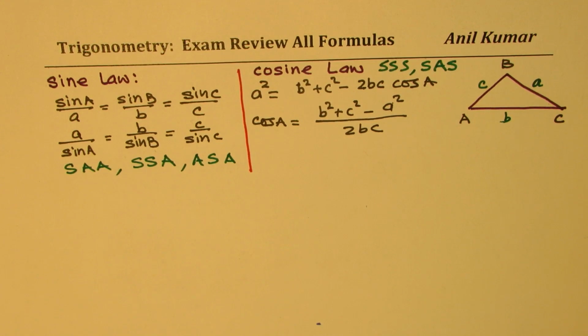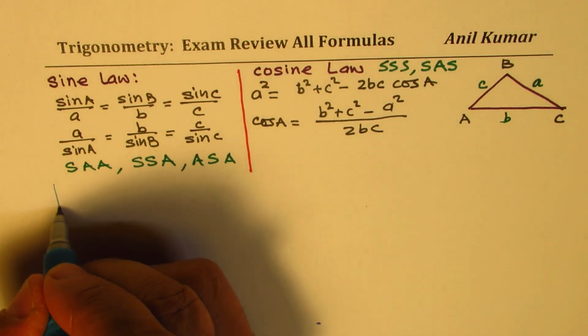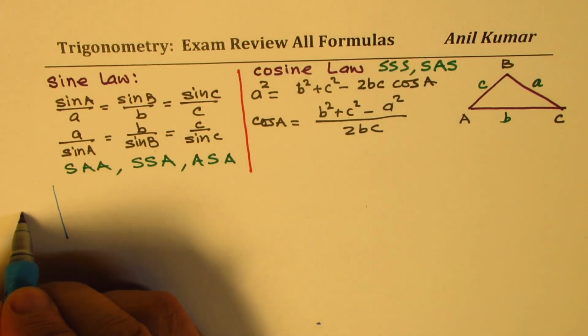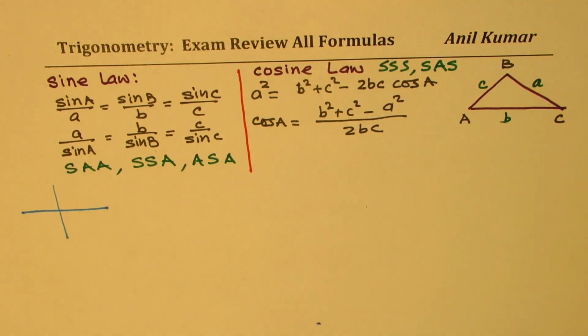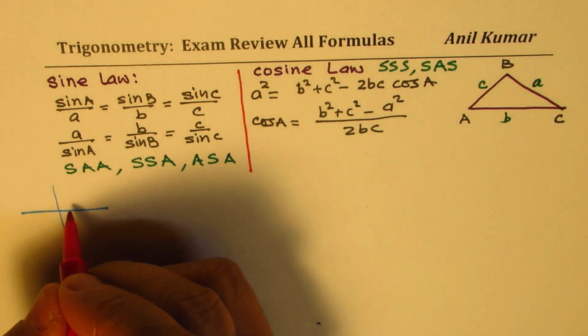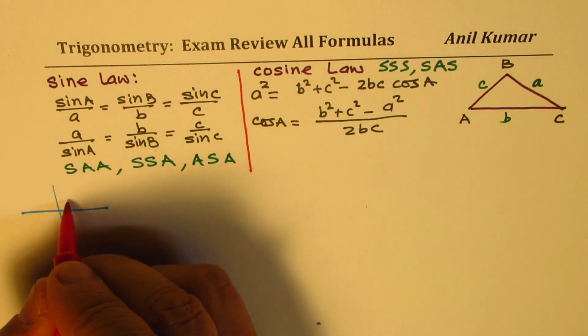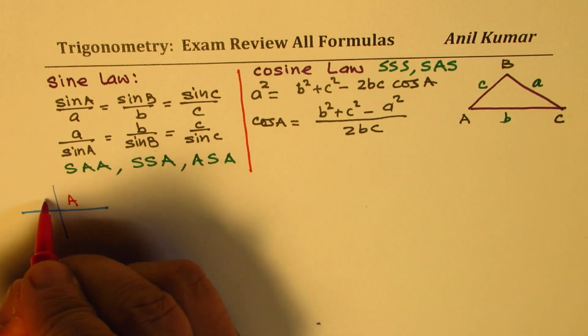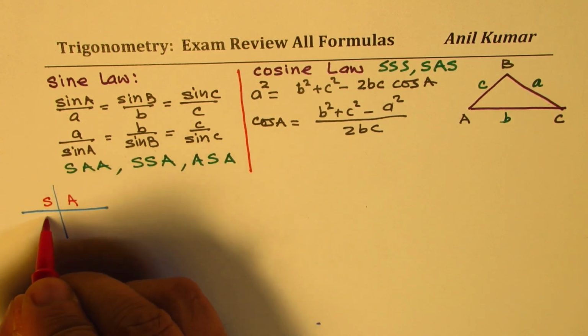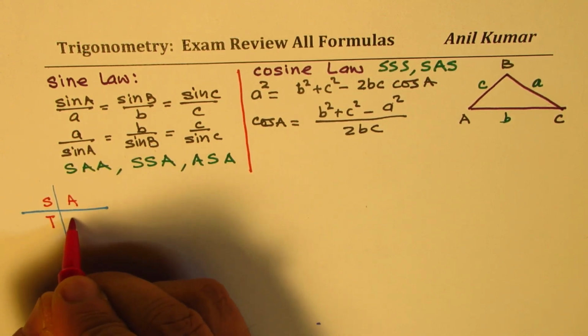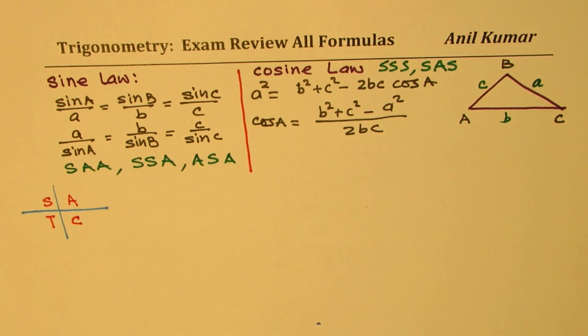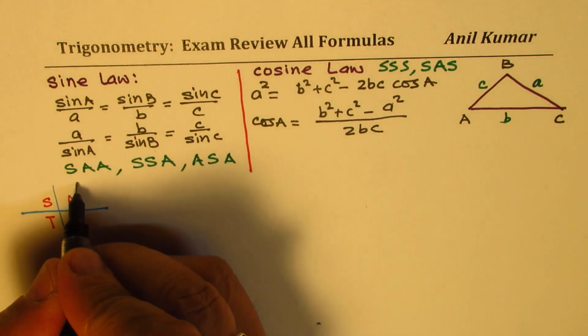Okay. Now you'll also notice that many times we are not just working with 0 to 90 degrees. In a coordinate plane, we need to look into all the angles. So in quadrant 1, we have seen that all are positive. In quadrant 2, sine is positive, in quadrant 3 tan is positive, and in quadrant 4 the cosine is positive. So these are our quadrants, right?